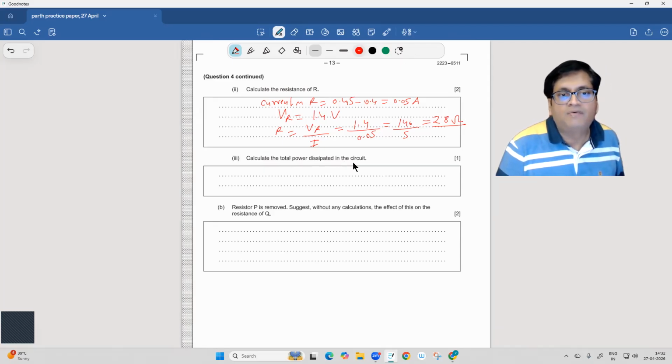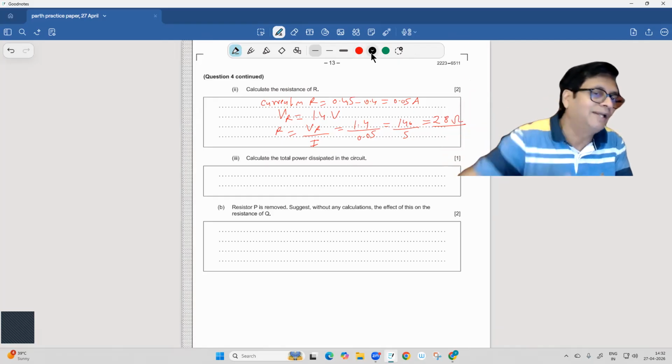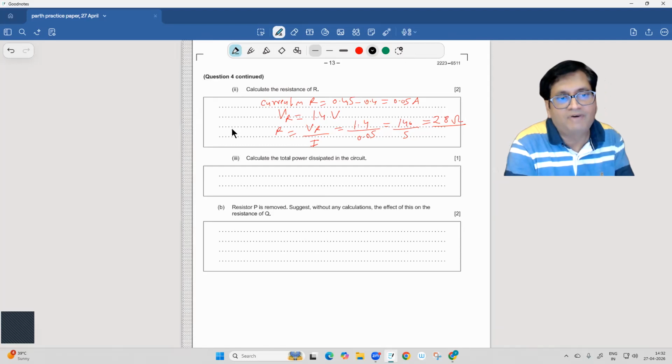Calculate the total power dissipated in the circuit. In all the three together, right? Total power dissipated is, there is no free lunch, right? So total power dissipated is equal to power supplied by the battery.